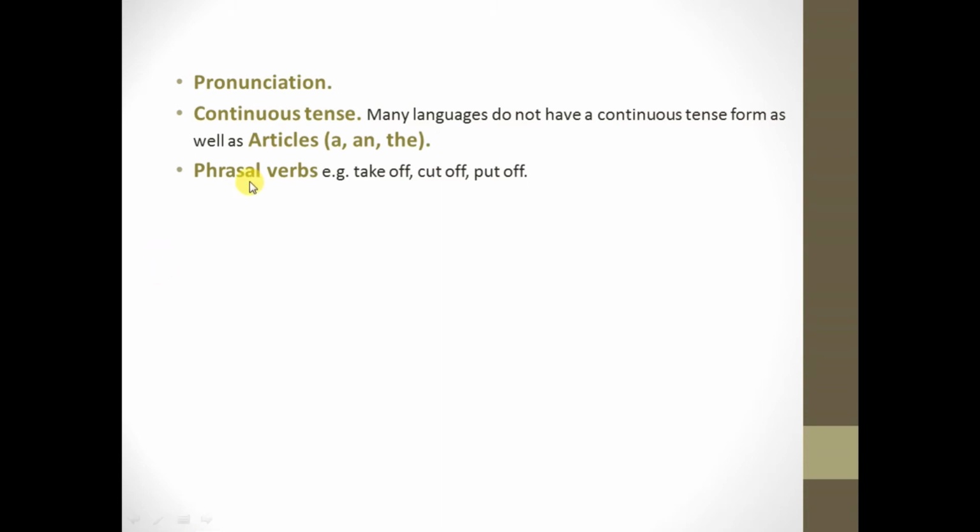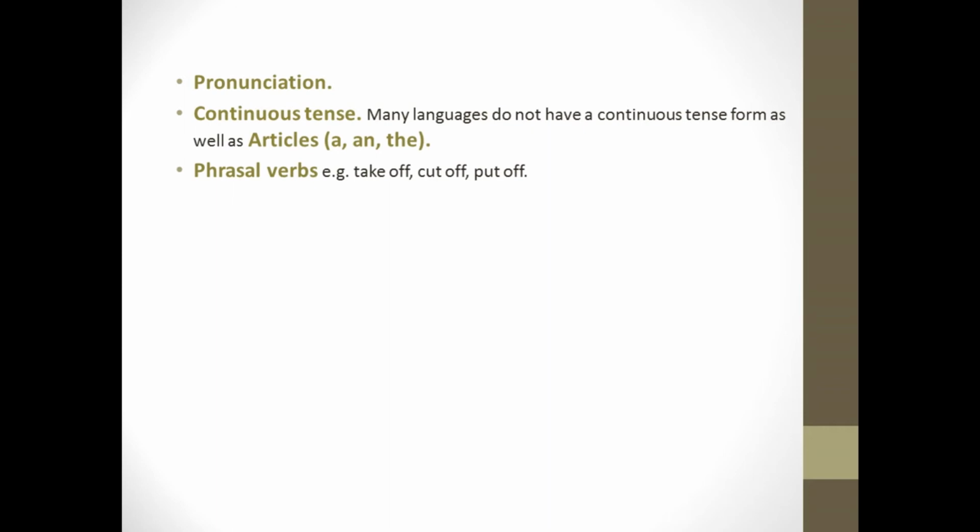The pronunciation could be difficult for other languages, like the pronunciation of th, by using the tip of the tongue. It would be difficult for some learners who came from other cultures that don't use the tip of their tongue.